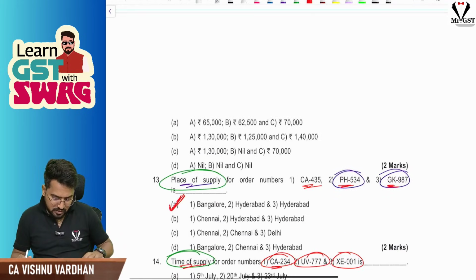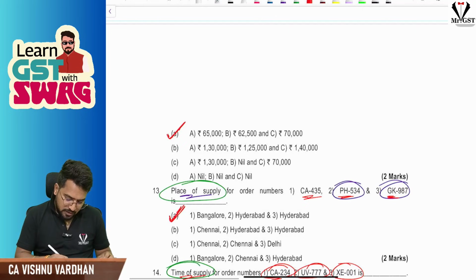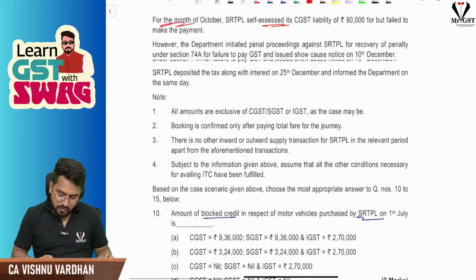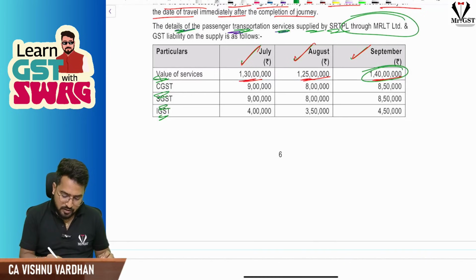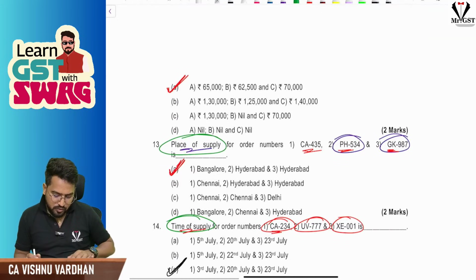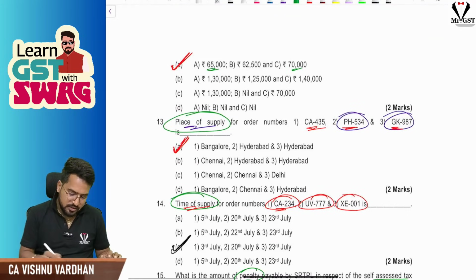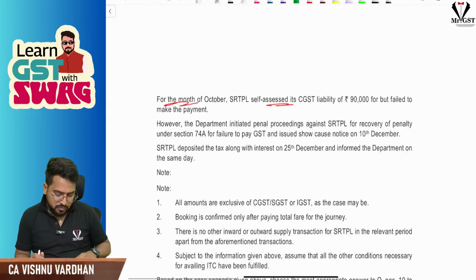So what is the answer? If you calculate without a calculator, 0.5% of 1 crore 40 lakhs is around 70,000, and 1 crore 30 lakhs gives 65,000. Option A is the only one which has 75,000 and 65,000. So just like that we can proceed. That should be the answer.